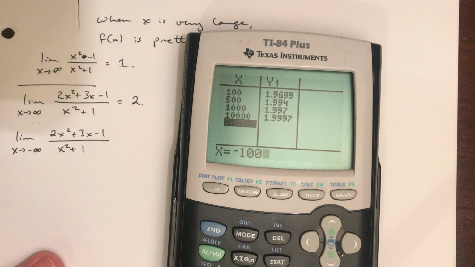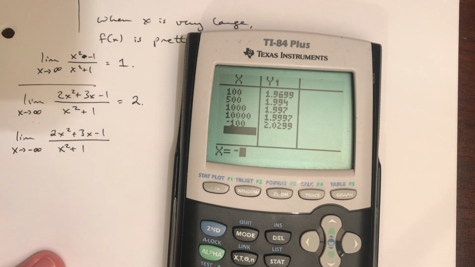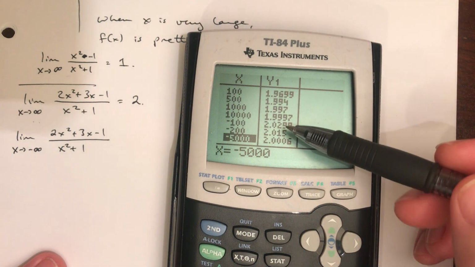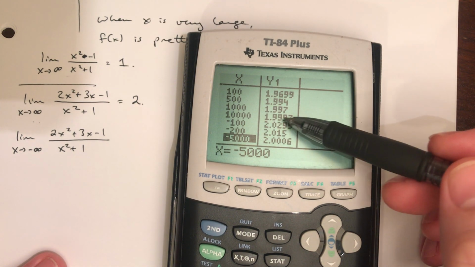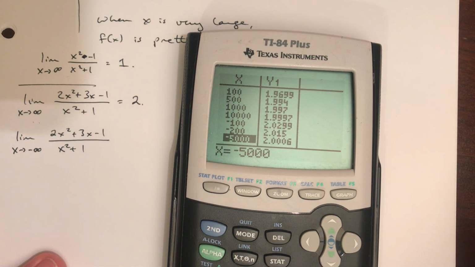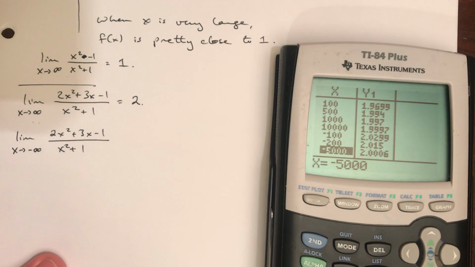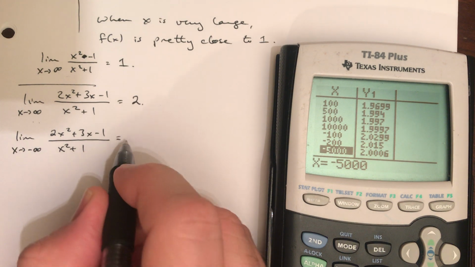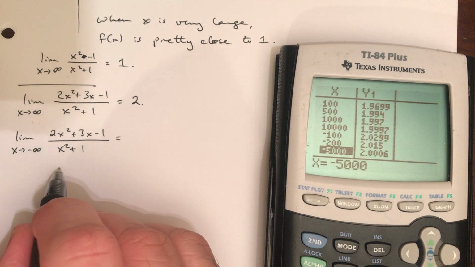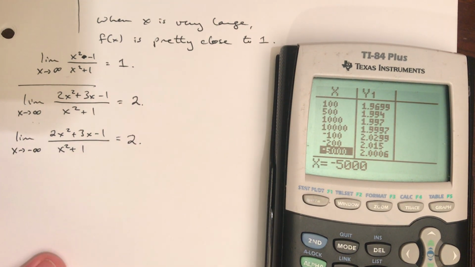So negative 100, negative 200, negative 1,000, negative 5,000. And we notice this time that our numbers, again, are all very, very close to positive 2. And we're going to say that our limit as x goes to negative infinity is also 2.